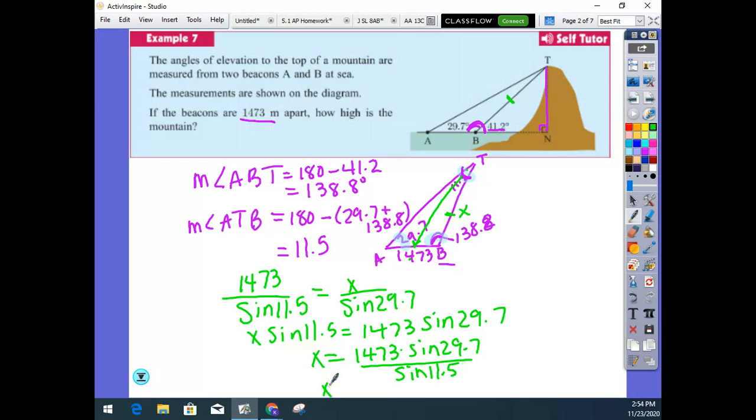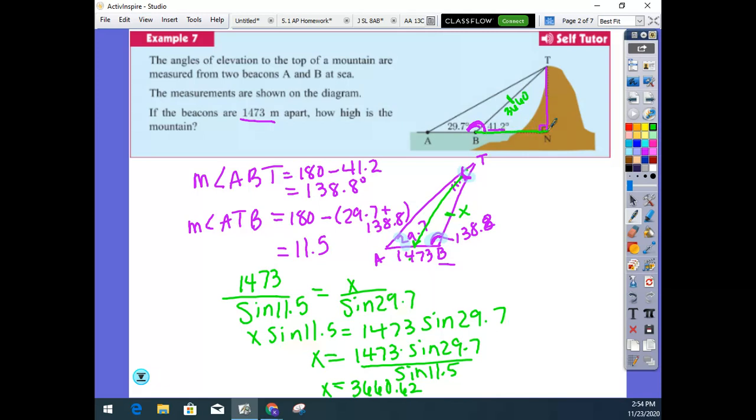And I'm going to give a little bit more than normal. Let's use 3660.62. So this length right here, I'll just say 3660 for right now.